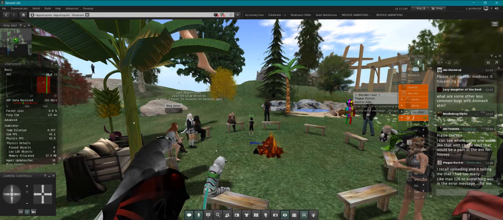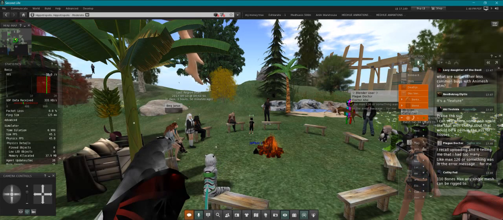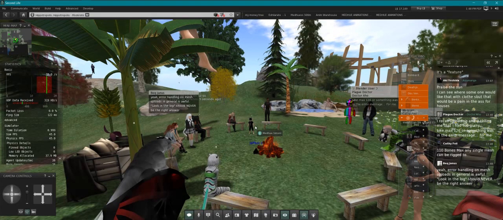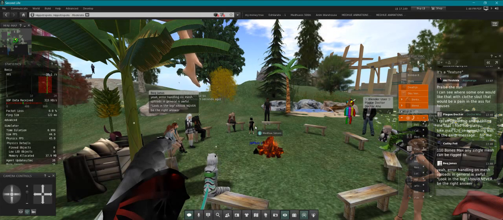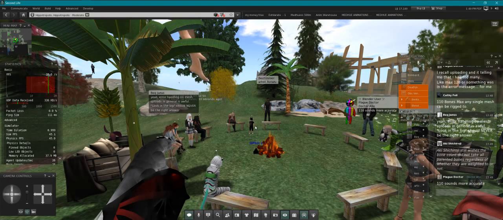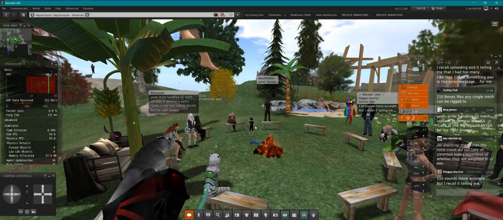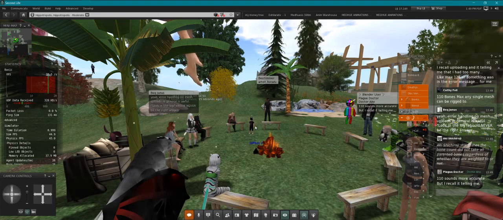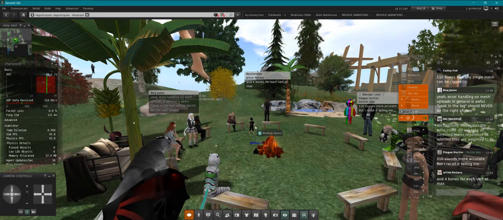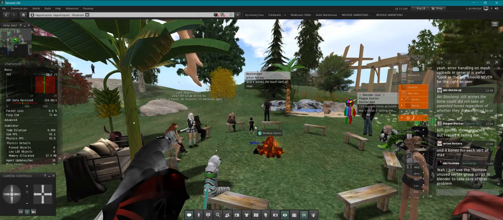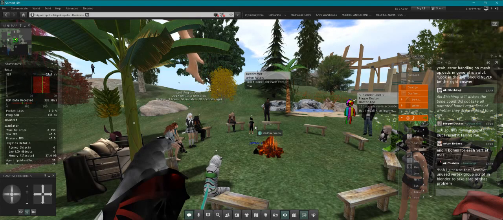Avastar does show how many bones you are rigged to. Yeah, and in Avastar there's a thing called skin cluster bone names, which will tell you all the bones that your mesh is rigged to. So you'd have to count them.